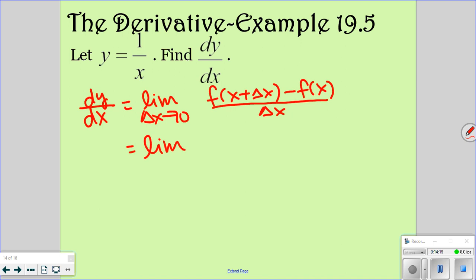So when we plug in our function, 1 over x is going to become 1 over x plus delta x. This all replaces your x. And then minus, our function is just 1 over x, all over delta x.